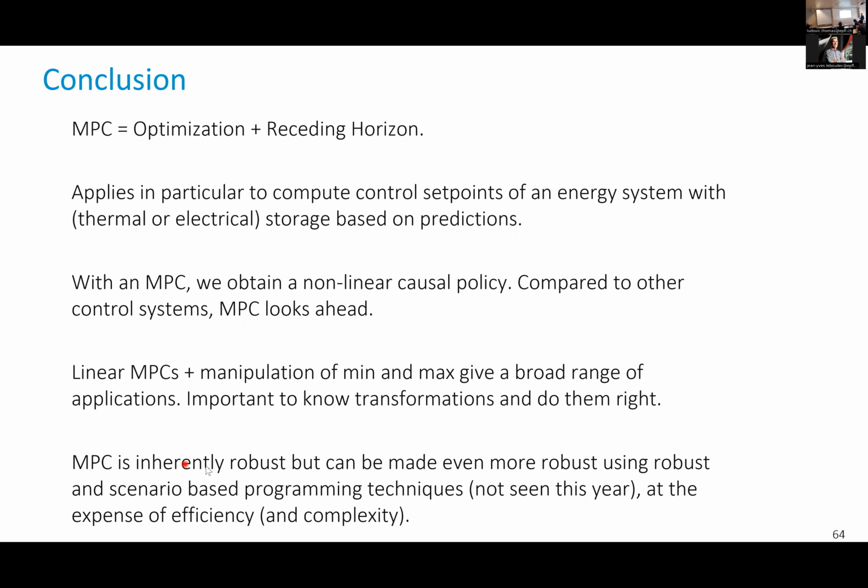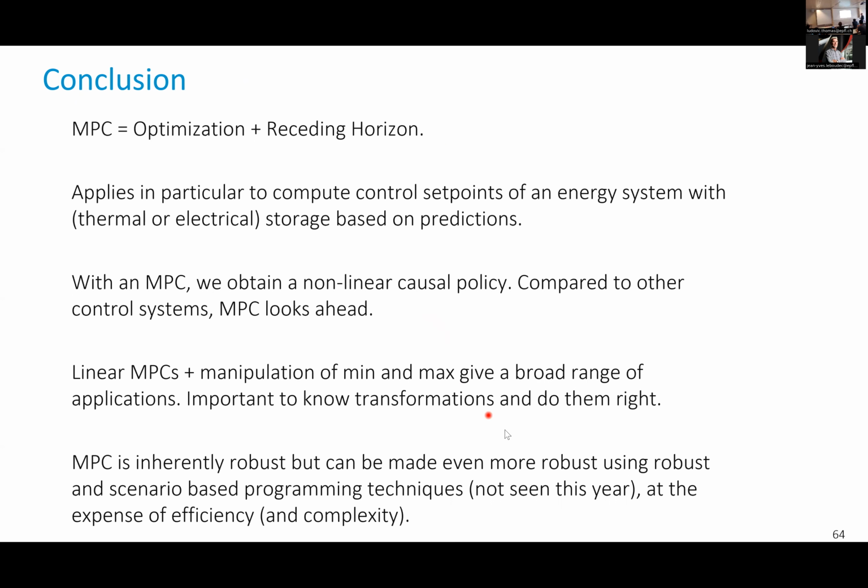In particular, it's inherently robust because at every time step, it corrects all the inaccuracies in the forecast or in the model, because it starts from the measurement that is the last available one, as opposed to trying to predict an entire trajectory where errors would accumulate over the trajectory here.